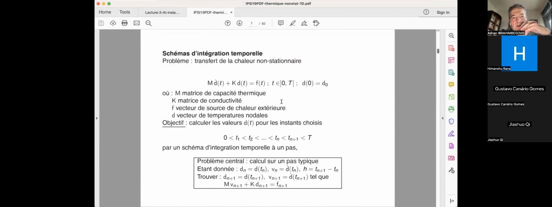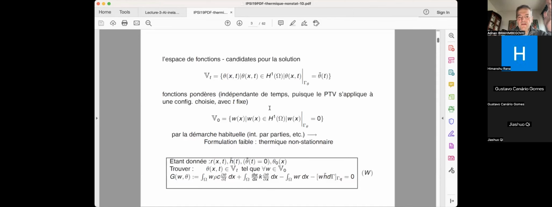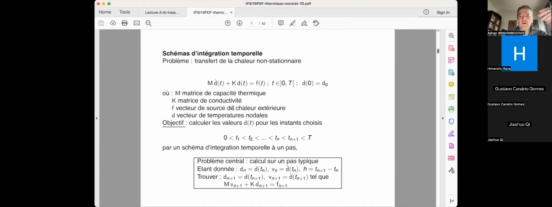So for non-stationary heat transfer, I'm studying a problem of this kind, where I have a capacity matrix M times the first derivative of the nodal array of temperature, plus the heat conductivity matrix K times the nodal array of temperature, equal to F of t, and I have to get the values from 0 to uppercase T. The initial condition of temperature would give me the initial condition d0. Basically, by discretizing this in the same manner, and using this value of theta 0, which was given here, I can recover d0, which is the initial value of the nodal array of temperature when time is equal to 0.